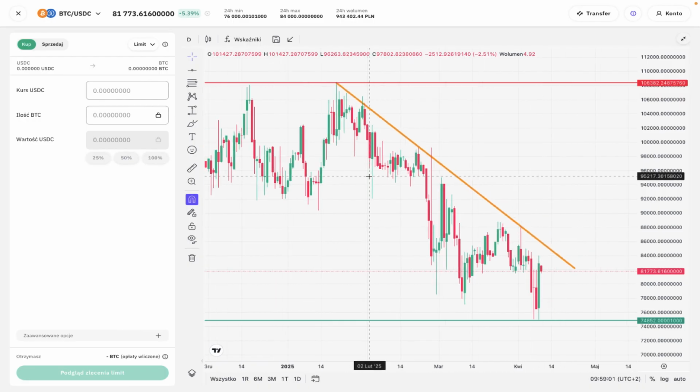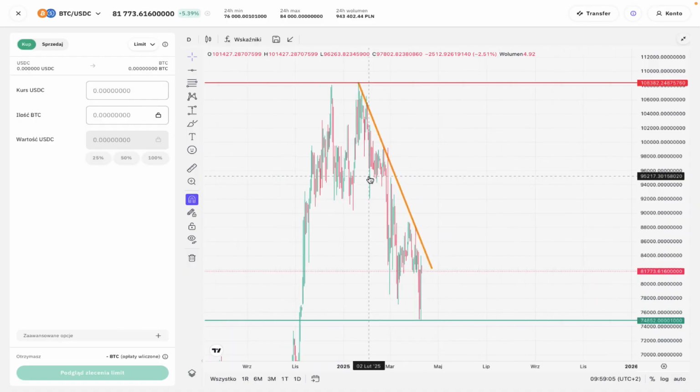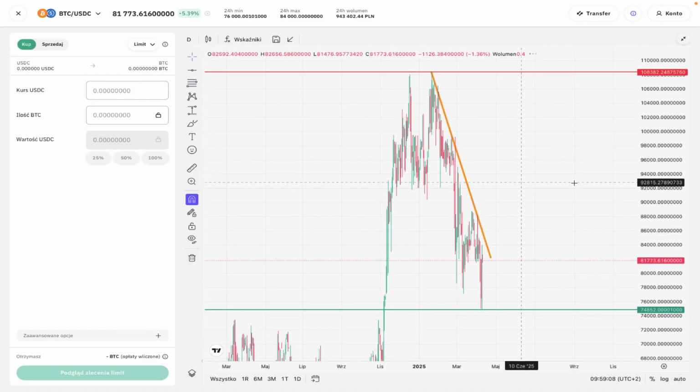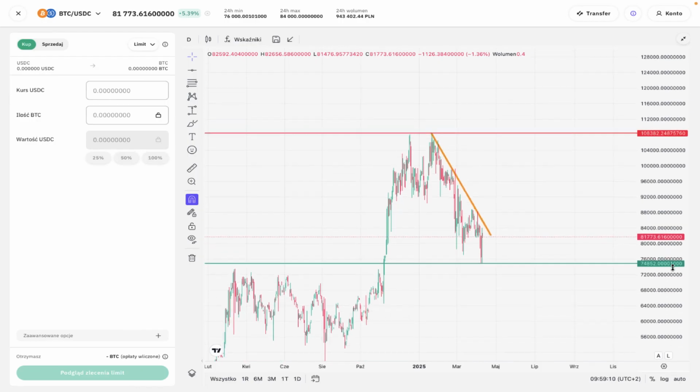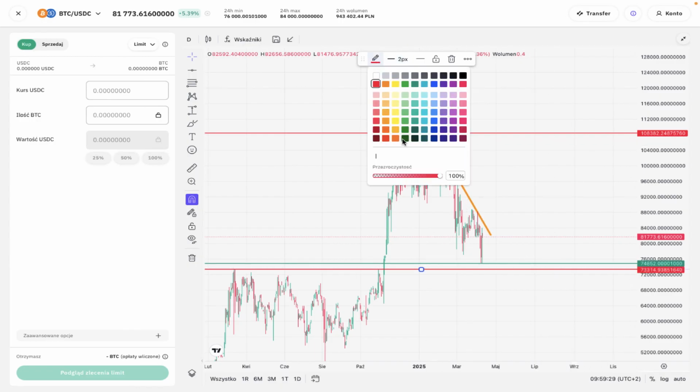Now, let's just zoom out, just for the sake of things. Let me just show you why this market might have been in a very interesting situation, and why it bounced from this level. Just below it we got a very important technical support we talked about, which is 73,314. That's roughly around $1,500 below the current low.